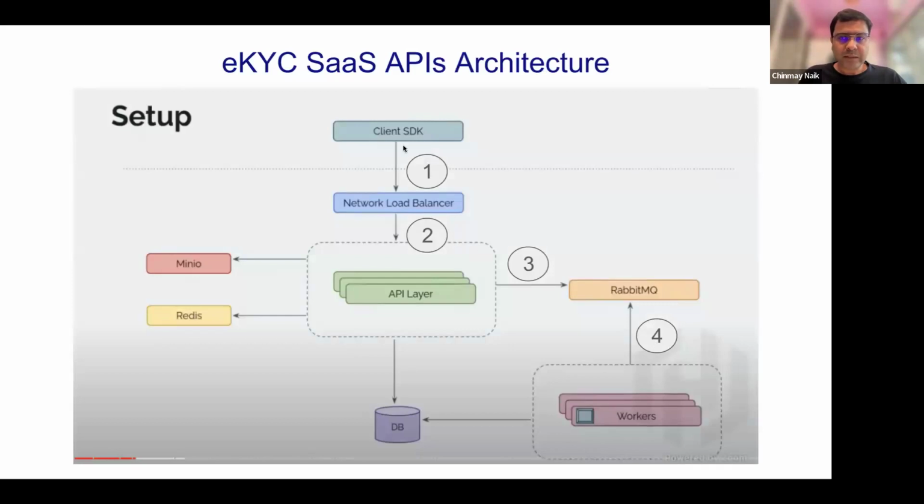There was a client SDK which would talk to the NLB, and this is the API layer, the SaaS API layer for eKYC. For every request from the SDK, for example an image upload or a face match or a face recognition request, the machine learning models would be running on these workers.